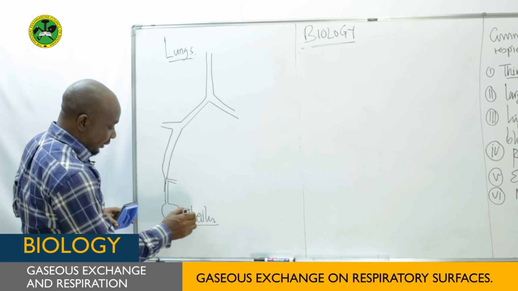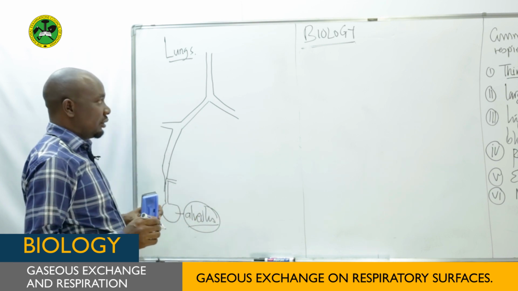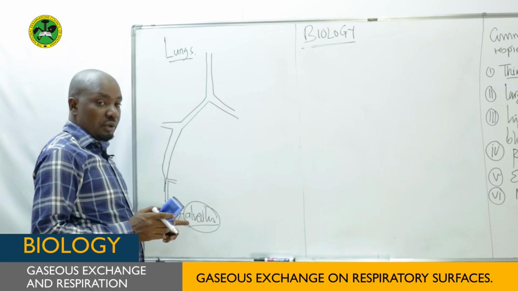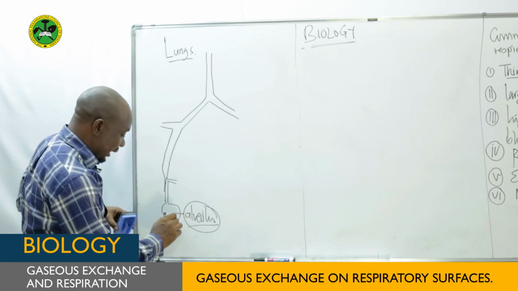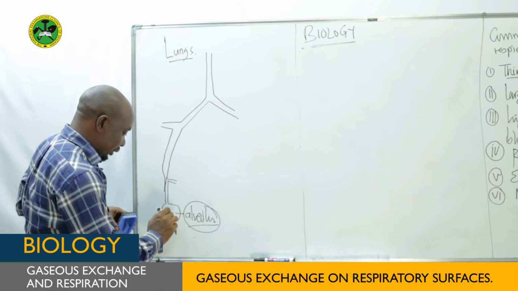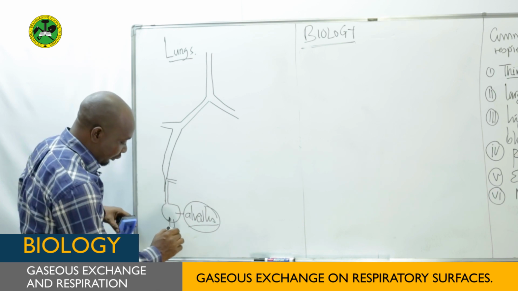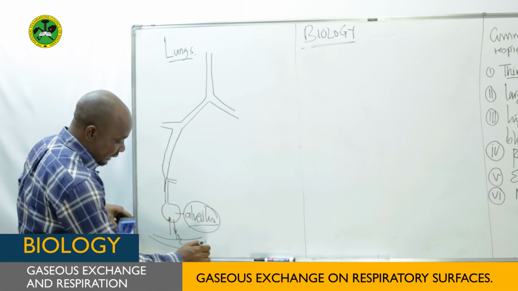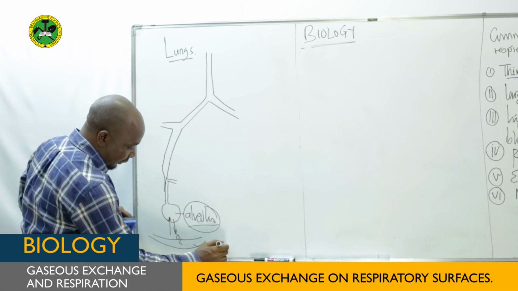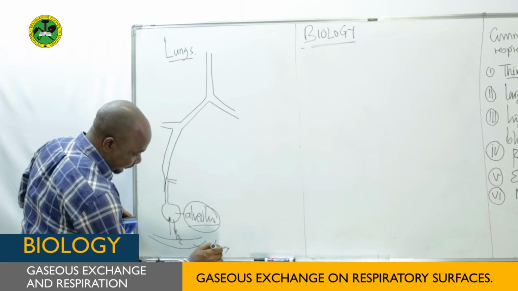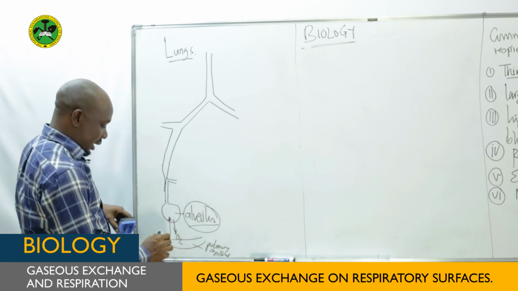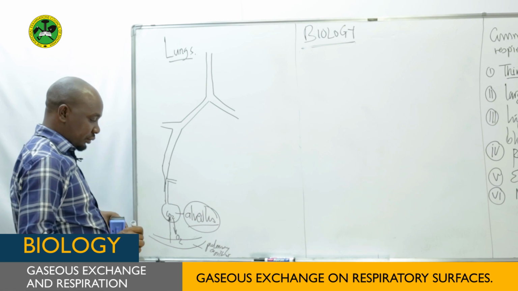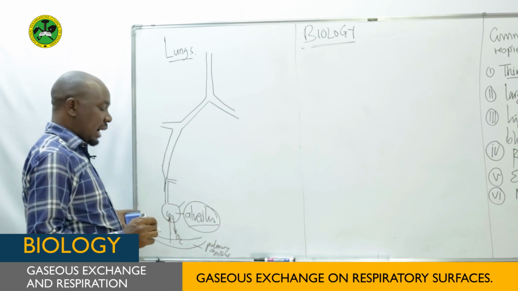So the alveoli are the functional unit of the lungs. The functional unit simply because this is the place where the gaseous exchange takes place. It is where the oxygen diffuses into the pulmonary capillaries, and carbon dioxide diffuses out of the pulmonary capillaries into the alveolar sac.